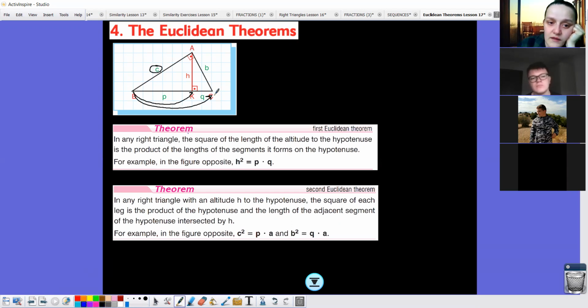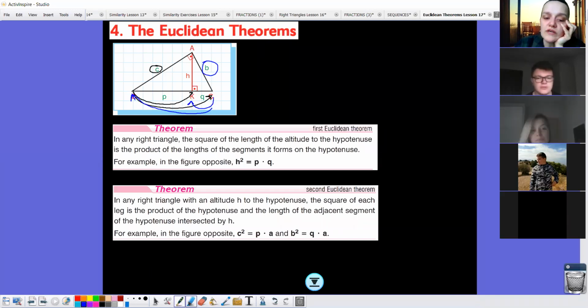If I'm taking b square, it will be q times a, the whole side. Did you understand? Yes. So c square is p times a, and b square is q times a. Are we clear with this?